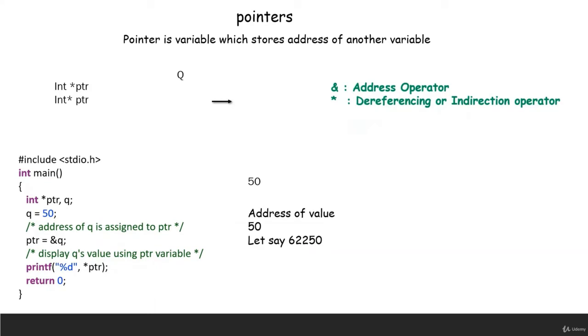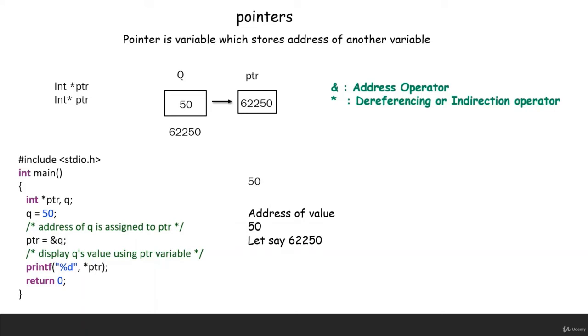Now what's actually happening here is, firstly we created a variable q which is of integer type. We assigned a value 50 to it. And where did it store? It stored at 62250. Then again we created a pointer, and that pointer is holding the address of q, that is, its value will be 62250.